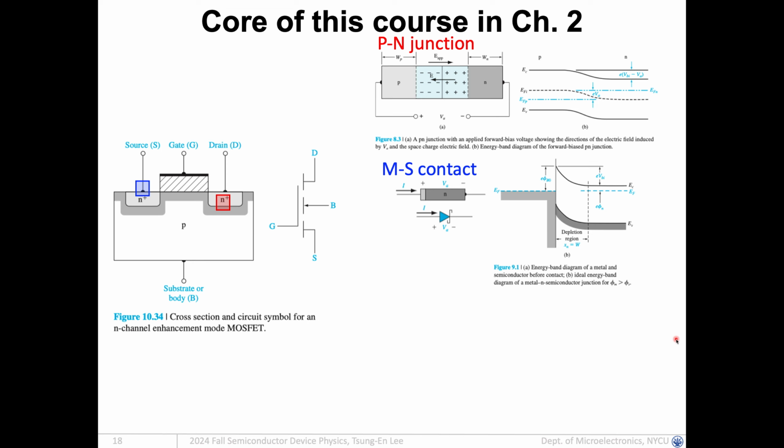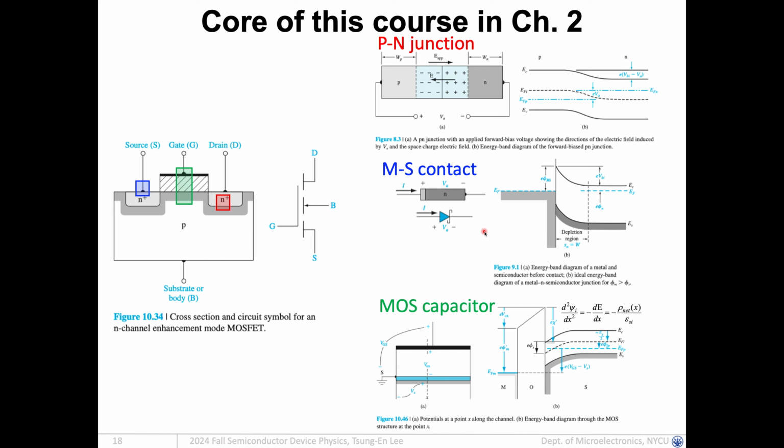And the second part is we further transform from PN junction to MS junction, and we can also call this Schottky diode. As a metal semiconductor contact, the band diagram will form a Schottky barrier layer. So how to determine the barrier height and how to reduce it or modulate it, you can learn from this part.